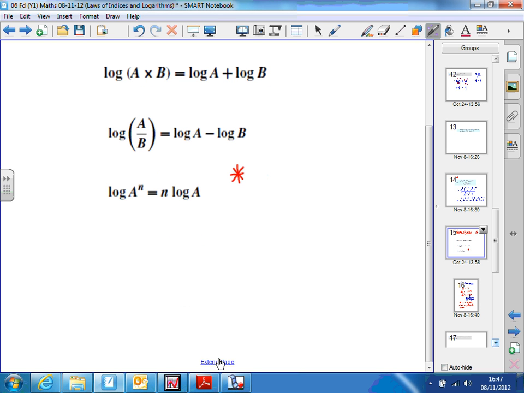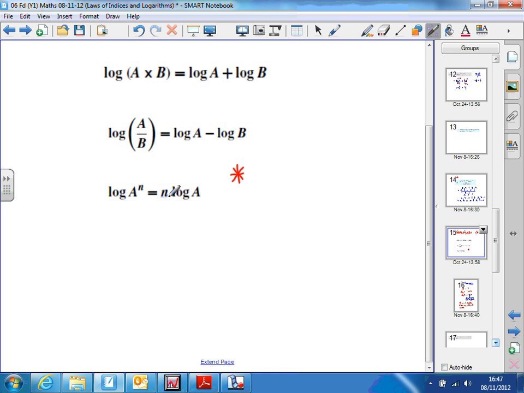I said that this one was the most useful, and here's the reason why. It's because I can turn a power into a multiply, and we use that to solve equations where the unknown is in the power, as we'll see in a second.